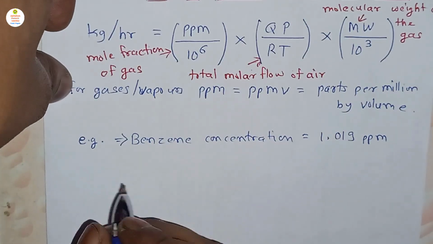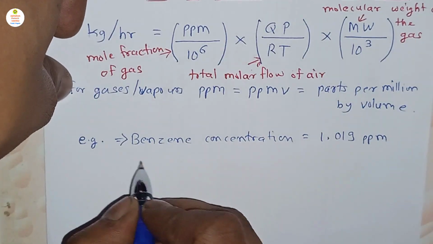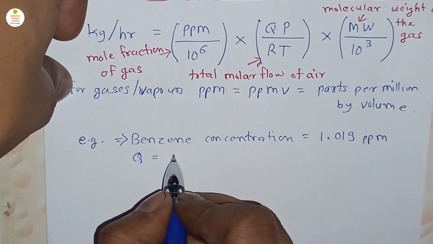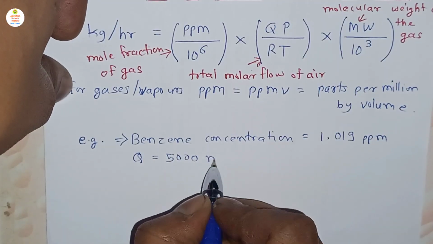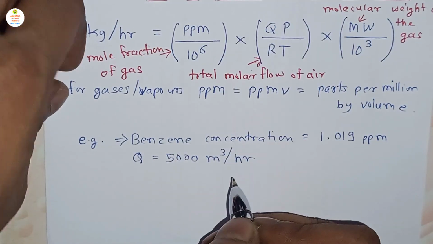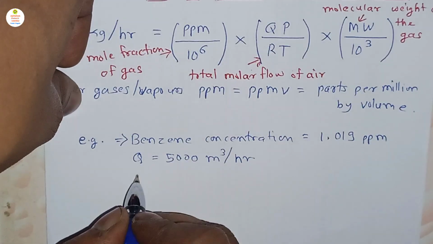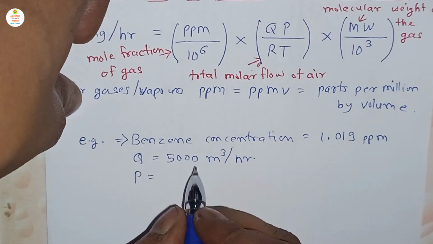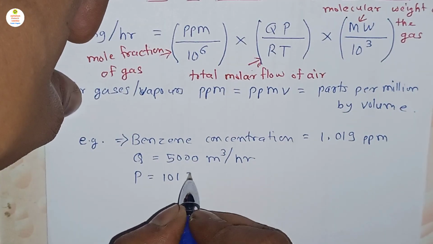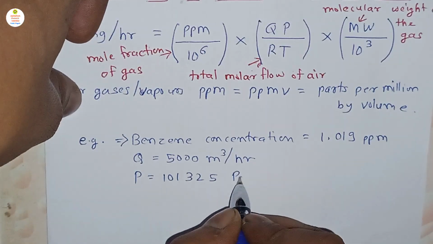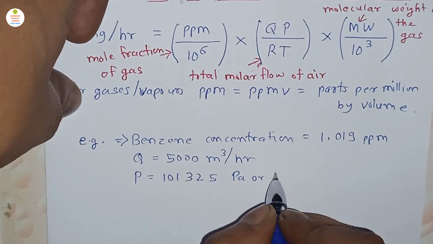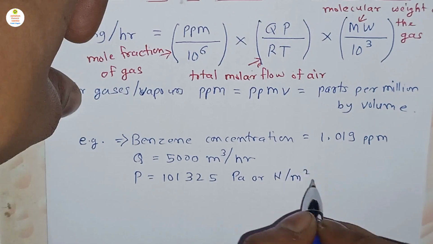Okay, so here now Q is 5000 meter cube per hour. This is the actual airflow. Okay, pressure we are taking as 101325 Pascal or Newton per meter square.